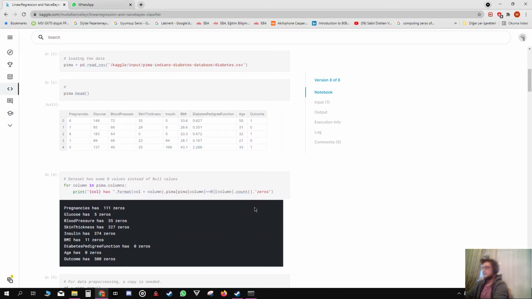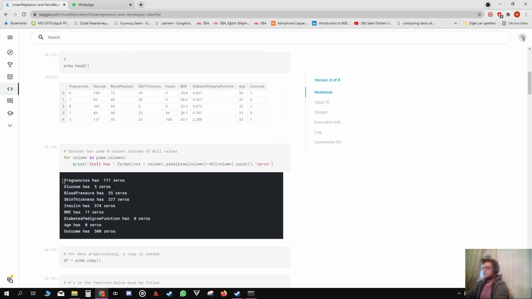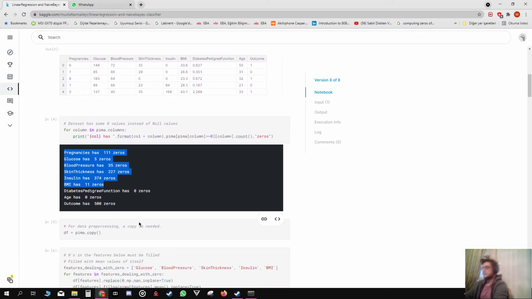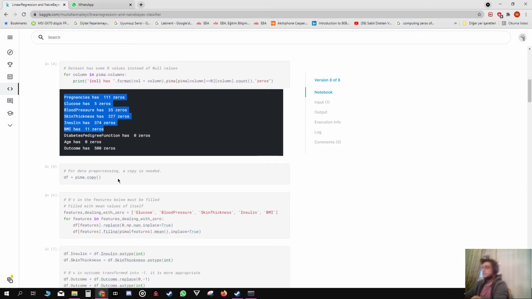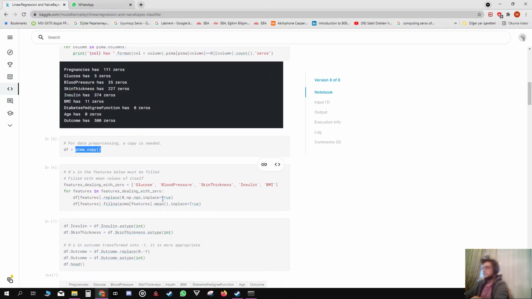The data has some zero values instead of null values, looking like here, but some zeros are not acceptable. For data processing, I get a copy of this data, and in these features the zeros will be filled with their own mean value.